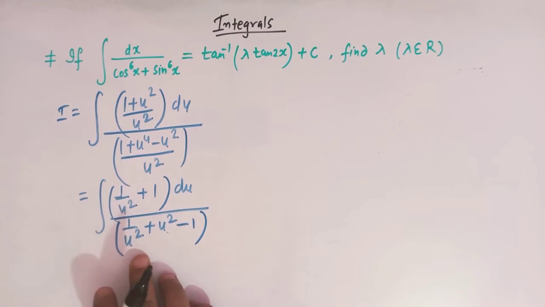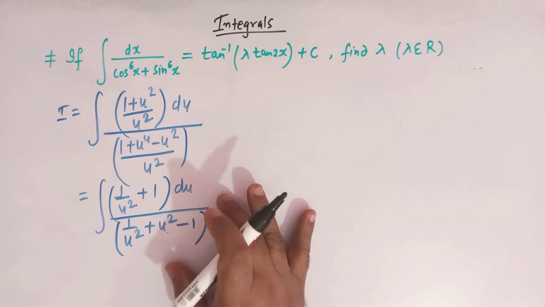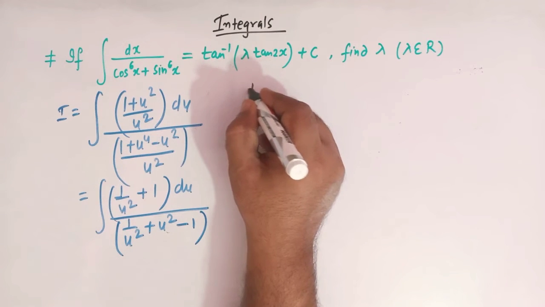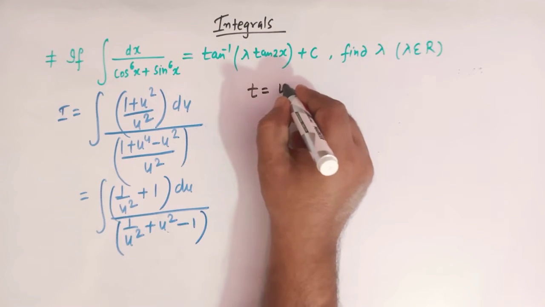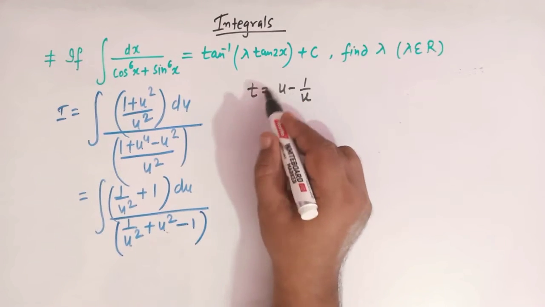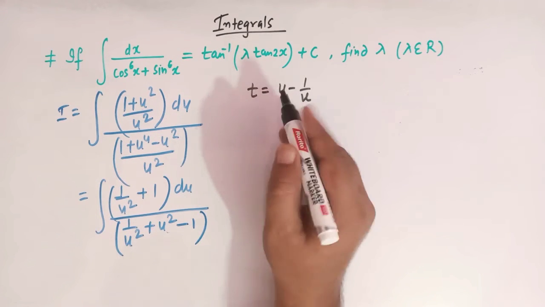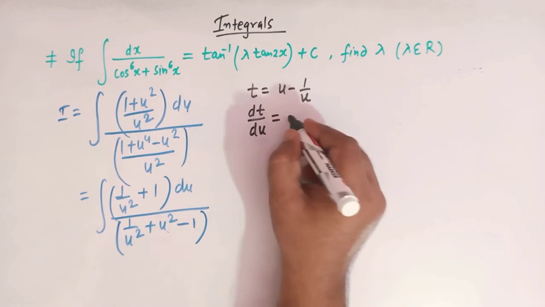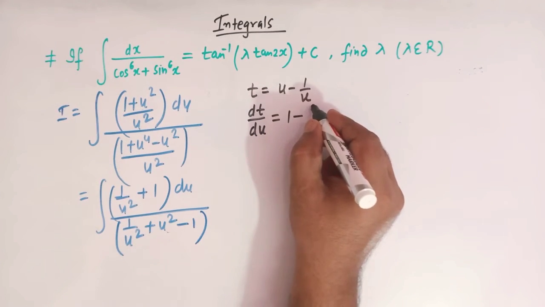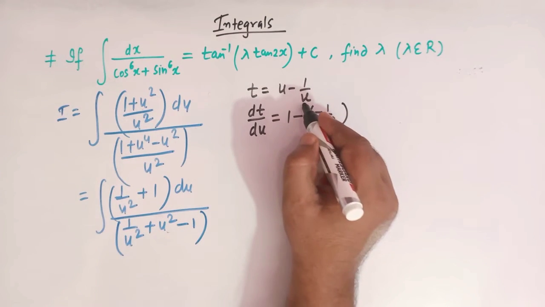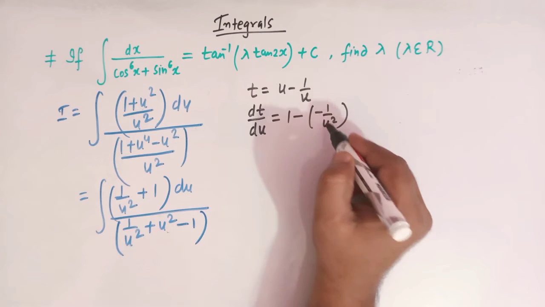Now here in order to solve it further, we'll make one more substitution. So we'll take, say, t is equal to u minus 1 over u, right? So why are we taking this substitution? Because the derivative of t with respect to u is 1 minus, that is minus 1 over u square, because the derivative of 1 over u is minus 1 over u square.